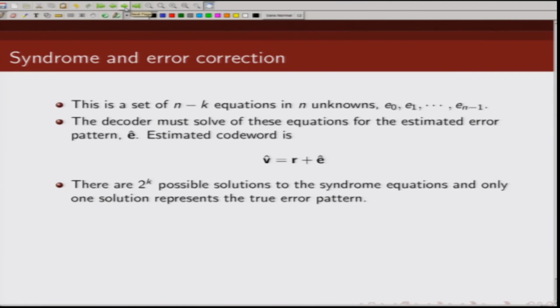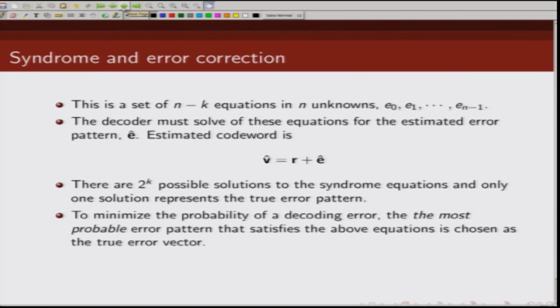So there are a total of 2^k solutions to this syndrome equation, and out of them only one is the correct error pattern. Now, how do we choose the most likely error pattern from these 2^k solutions? That is basically our objective.